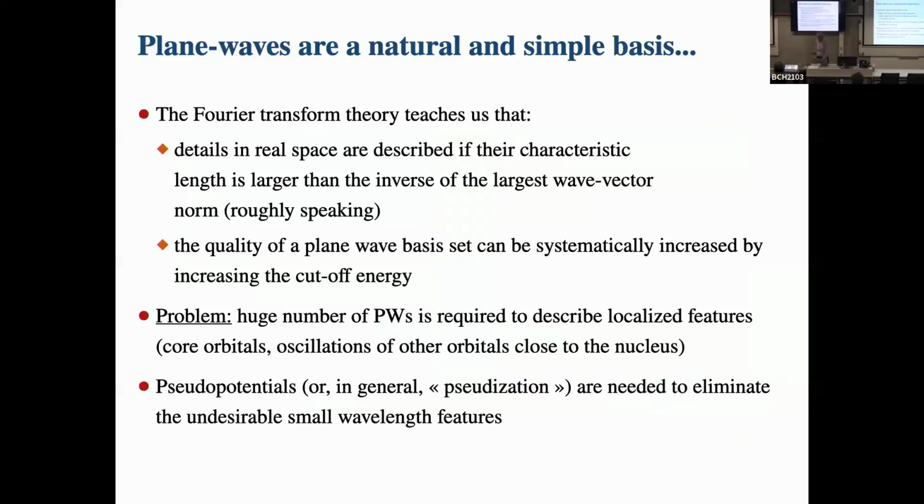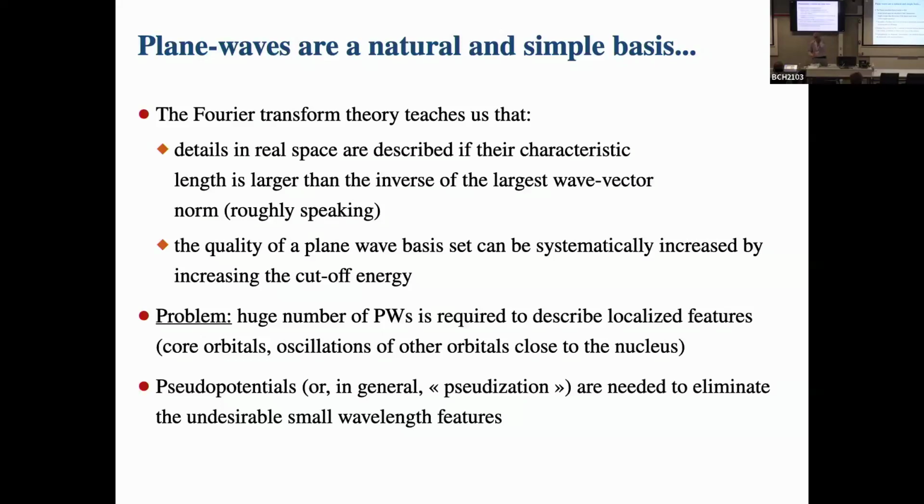So basically, the plane wave is a natural and simple basis set because we have this Bloch wave function and we have a periodic system. And the details in real space are described by the inverse of the largest wave vector norm. If you have a wave function that is oscillating a lot, you need to pay attention to that, okay?